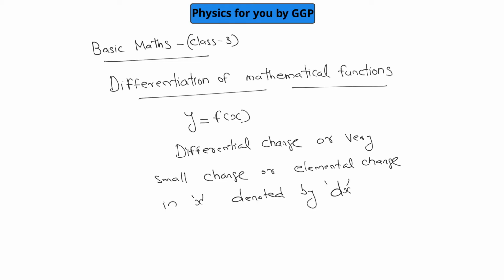So this is known as differentiation of x. We already discussed that differentiation means we are splitting it into an infinite number of small parts. So a very small change in the value of x is represented by dx. And d and x are not two individual terms. We call it the differentiation of x, and dx is a single term.